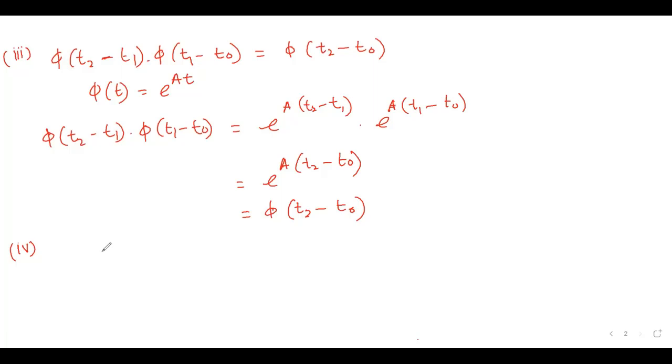Similarly, you can write the state transition matrix phi of t2 plus t1 is equal to phi of t2 into phi of t1. You can easily show that in a similar manner.